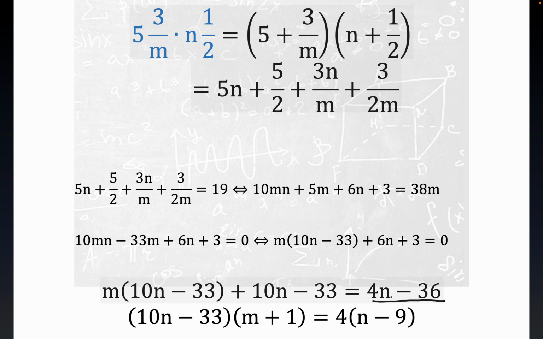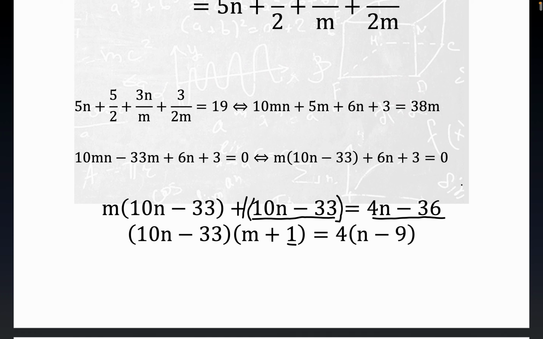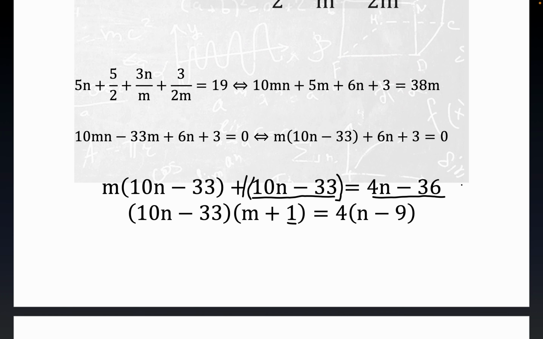If you add 4n minus 36 to both sides, you get a common binomial factor of 10n minus 33 right here and also 10n minus 33 right here. Now notice there's an understood 1 in front of this guy right here. Let me put a 1 right there, and that's this 1 that you see right here. So that's called completing the product in a way that doesn't involve just adding a constant. So I thought that was kind of a nice usage of that.